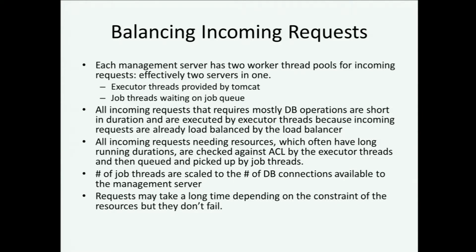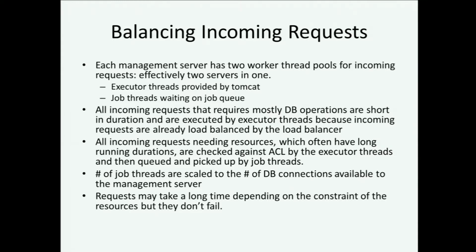The number of job threads is scaled to the number of DB connections available to the management server. This is a bit of an interesting case, because you have to see, look, I only have 500 DB connections, and you have to run some numbers, and the check comes out to be that you can only support this much in your execution thread pool, or else a lot of your jobs would start failing.